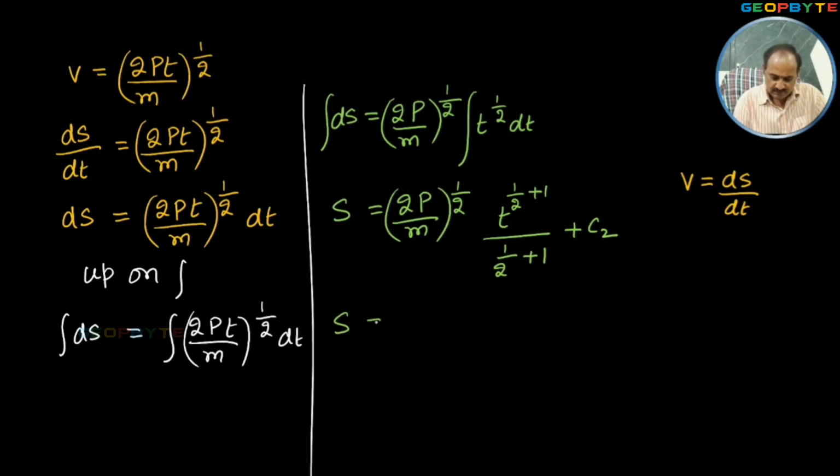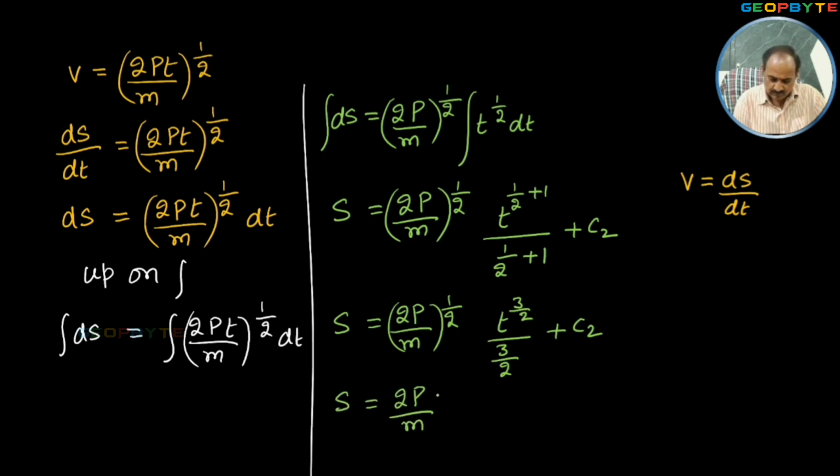So finally s equals (2P by m) whole power 1 by 2 into t power 3 by 2 by 3 by 2, plus c2. That is, s equals (2P by m) power 1 by 2 into 2 by 3 into t power 3 by 2 plus c2.